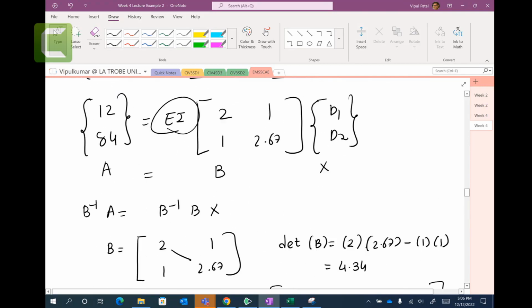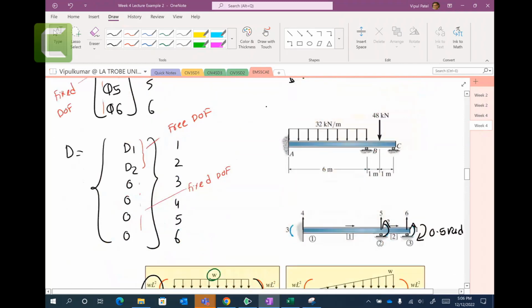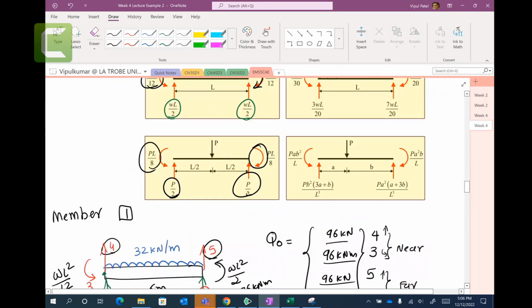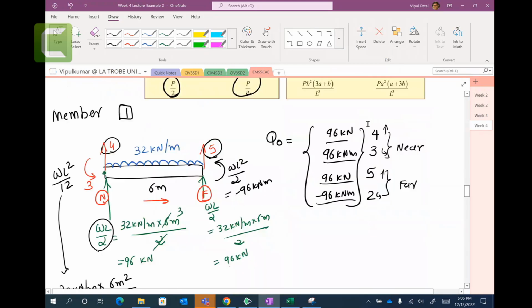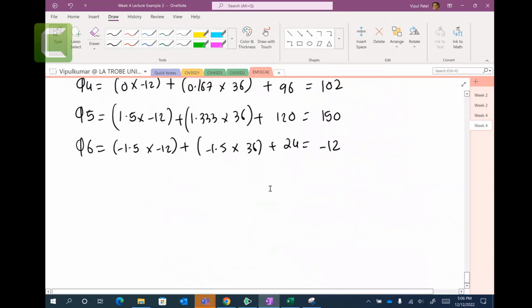Now what is this Q3, 108, in the figure? Here you go, 108 kilonewton meters. If it is positive, it means the same direction. Let me copy and paste these here.